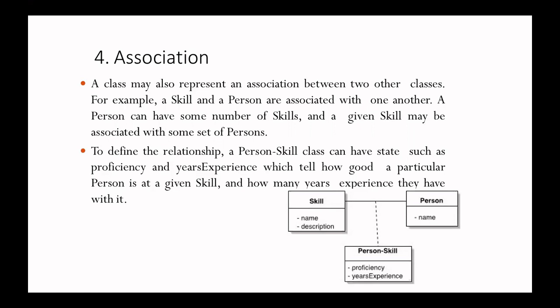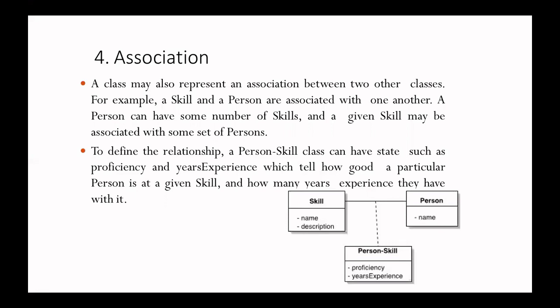For example, a skill and a person are associated with one another. A person can have some number of skills, and a given skill may be associated with some set of persons.